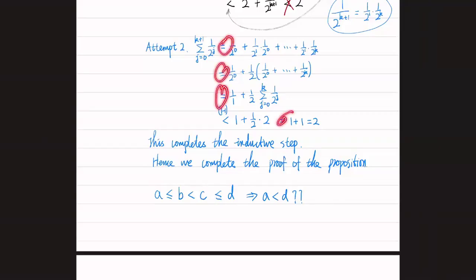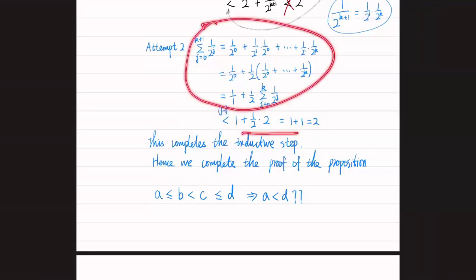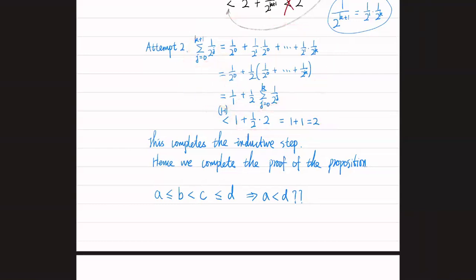All of these equal signs, as long as there's one less, it will be less, because they are all the same. This is the same as this, which is less than this, which is the same as 2. Okay.